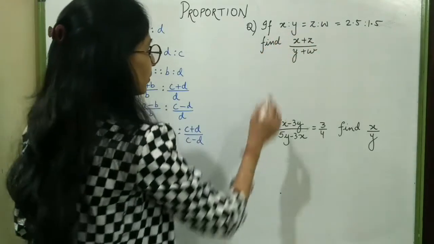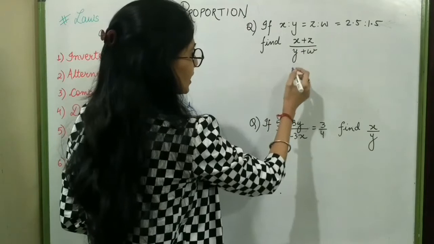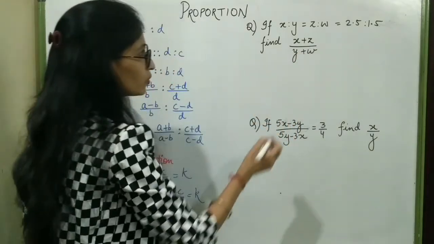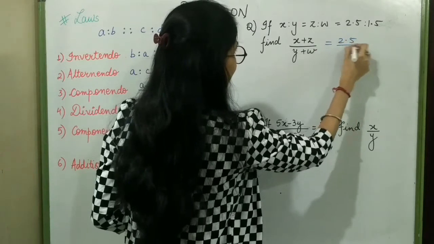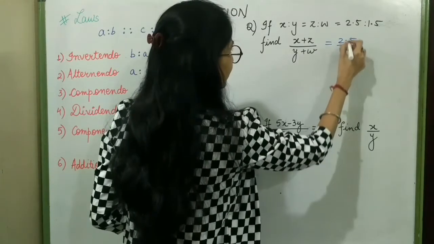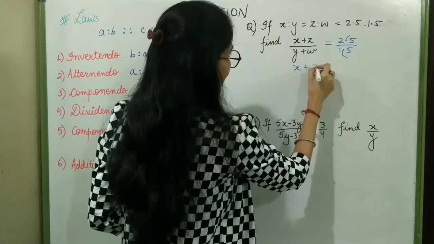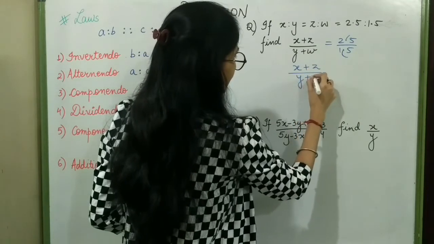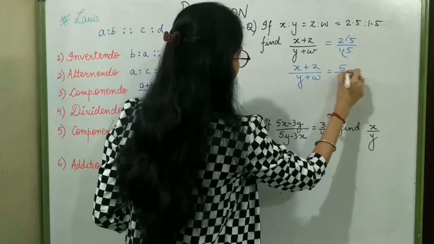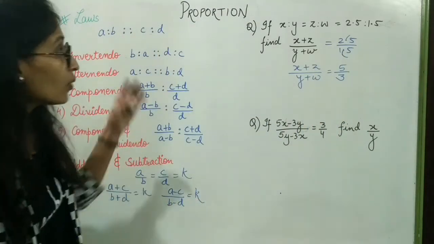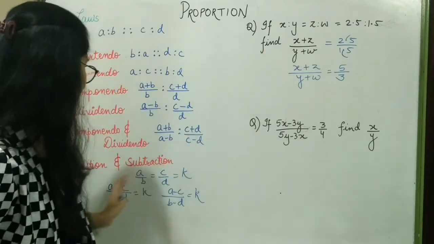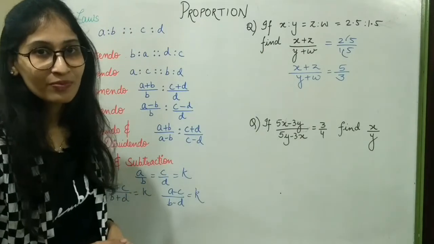If they are equal, then X plus Z upon Y plus W will also be equal to 2.5 upon 1.5. So X plus Z upon Y plus W will be equal to 5 upon 3. So see how easily it can be solved using the addition law.